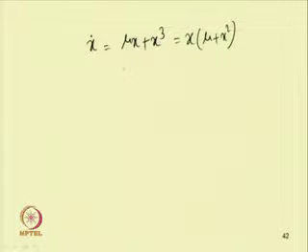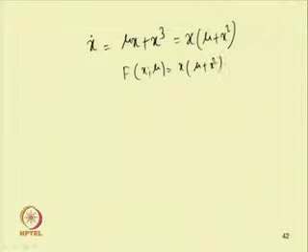So, our f of x, mu equals x into mu plus x square, and this equals 0. The solution is x equal to 0, one solution, and the other solution is x square equal to minus mu, or x equal to plus minus root over minus mu.